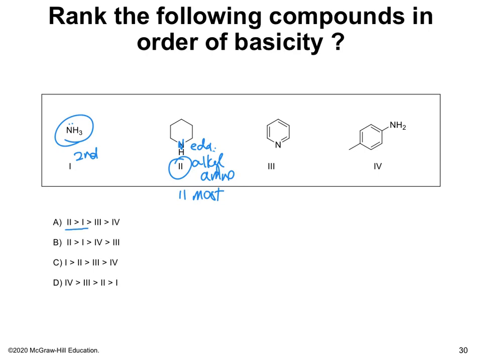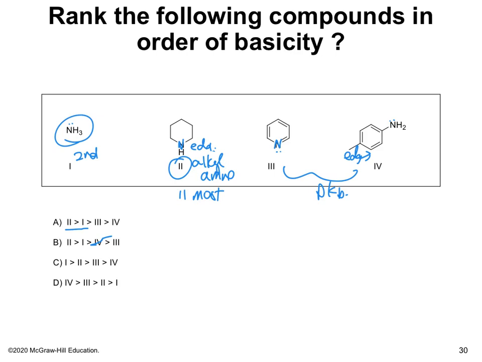So we're looking at 2 and 1 here. So A is probably it. And then we have nitrogen in the ring, and this is a nitrogen outside the ring with an electron donating group. So these, I would probably have to look up the pKb values to know.